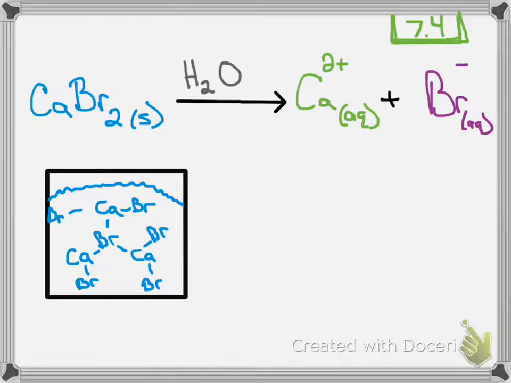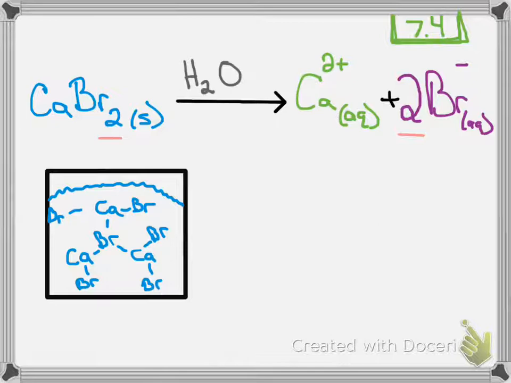Now, one of the big things about this is to know, well, what's the ratio of cation to anion? And if we look at our beginning material, our solid material in blue on the far left, we'll notice that we have a 2 subscript for bromine. Well, that means we need to have 2 bromine ions for every 1 calcium. So I actually have to balance this dissociation equation just like I have to balance a chemical equation.